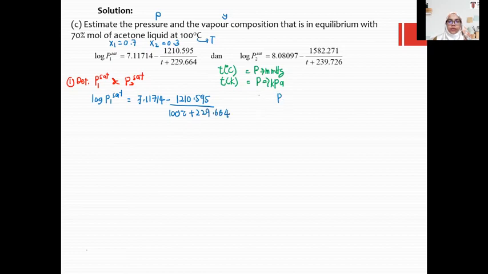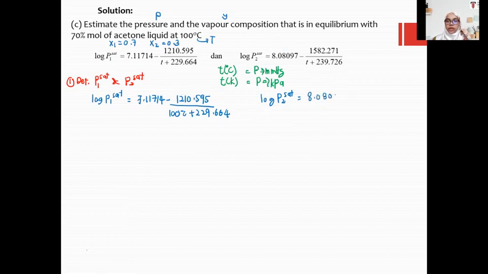And P2 also can be obtained by inserting the same value of temperature. So log P2 saturation. If the question does not provide the information about the Antoine equation, you may refer to your reference table.